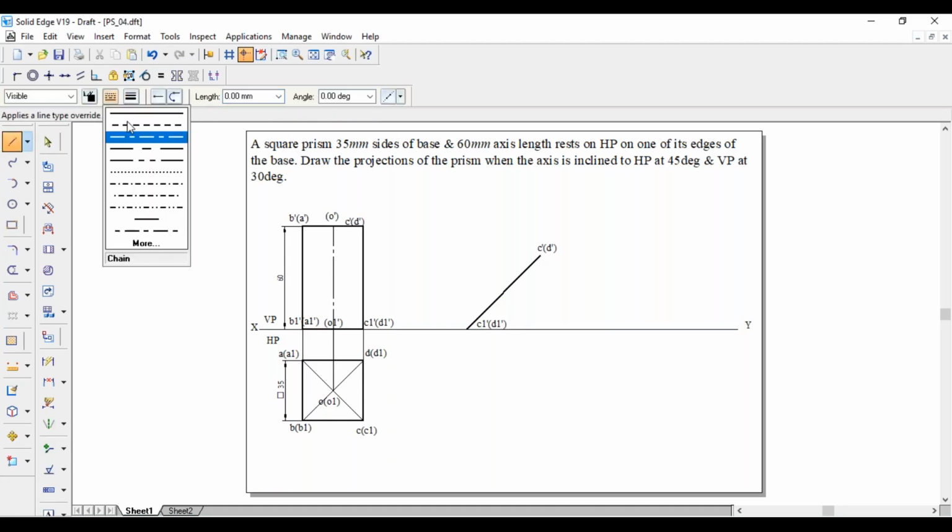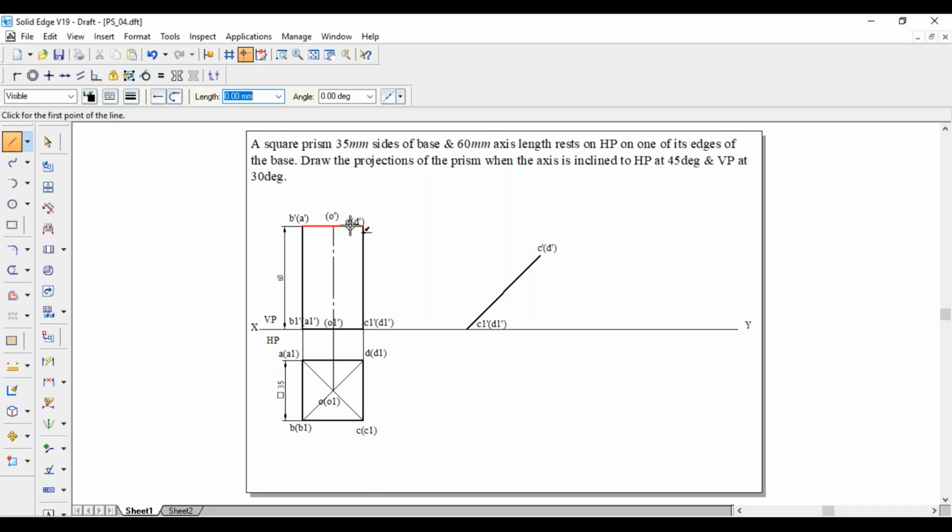Now the line B dash in the bracket A dash to C dash in the bracket D dash, similarly this bottom line, both are perpendicular to this vertical line. The length of those lines is 35 mm because it is parallel to this one. So from this endpoint, draw a line perpendicular to this one for a length of 35 mm. Similarly, from this endpoint also, draw a line perpendicular to this line for a length of 35 mm. Join these endpoints.